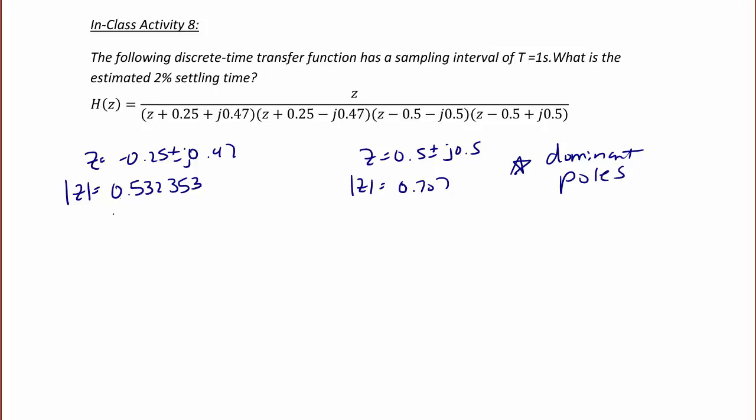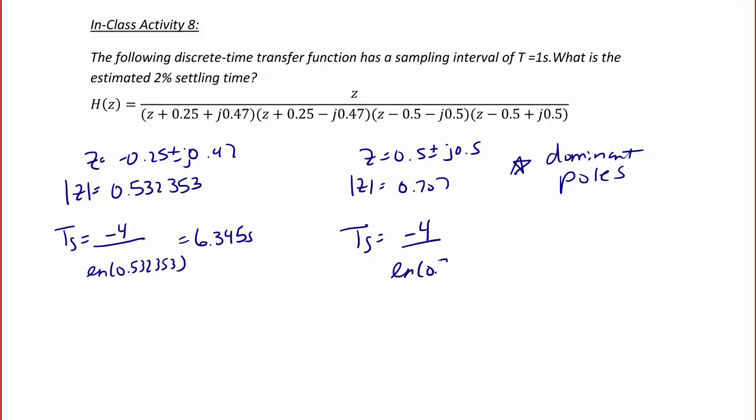So over here, the settling time is negative 4 over the natural log of 0.532353. So the settling time is 6.345 seconds. Over here, the settling time is negative 4 over the natural log of 0.707. So the settling time is 11.537 seconds.